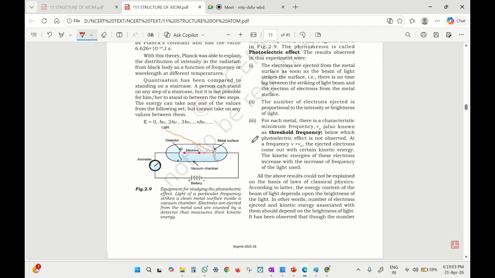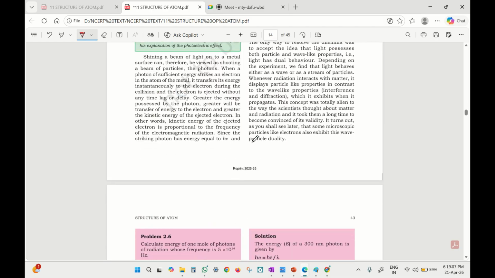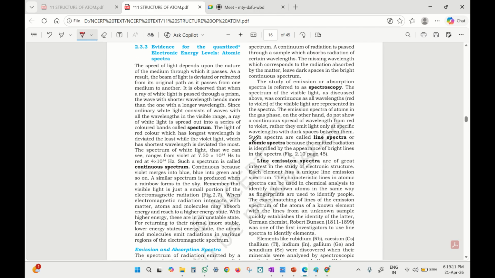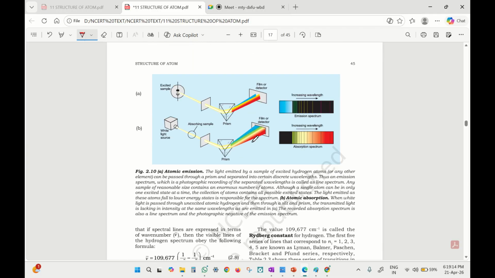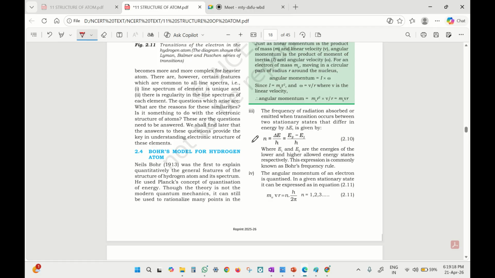After all of this, in between Rutherford's and Bohr's model, we will try to understand light, and using light, we will analyze Bohr's model. Using light, Bohr's model is going to be understood. Is the flow clear? Electron, proton, neutron, Thomson's model, Rutherford's model. After that, we need to learn Bohr's model. But for understanding Bohr's model, we have to understand light in a better way.